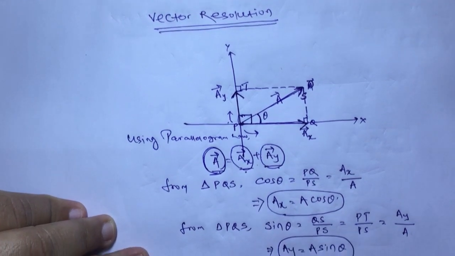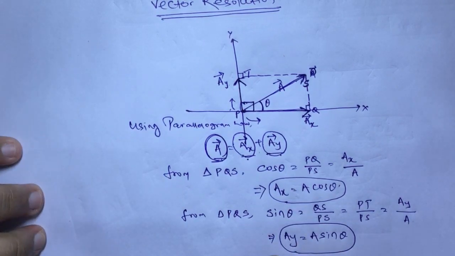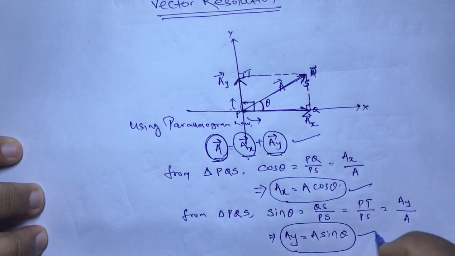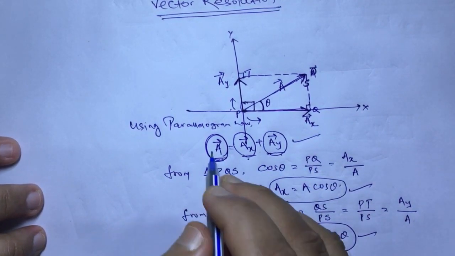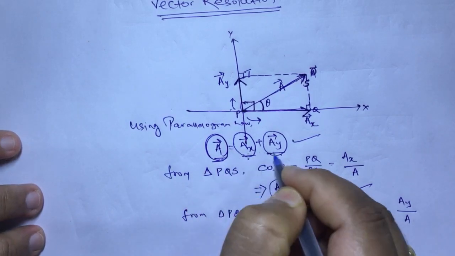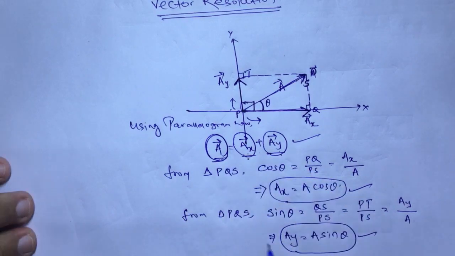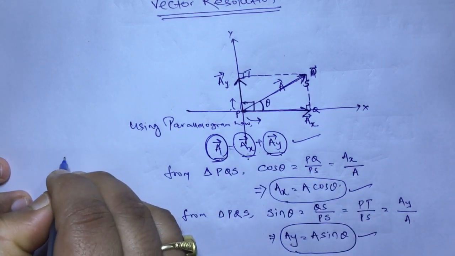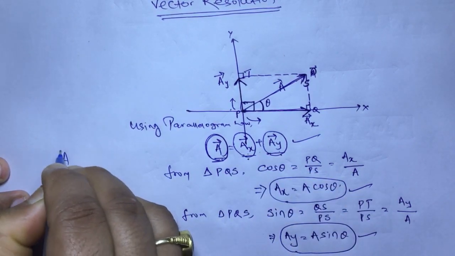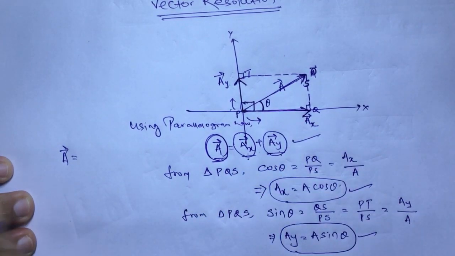Is it clear, these two parts? If these two parts are clear, then using them, I am adding this ax vector and ay vector to get the a vector. So I can write the a vector equals the ax vector. What is this ax vector now?